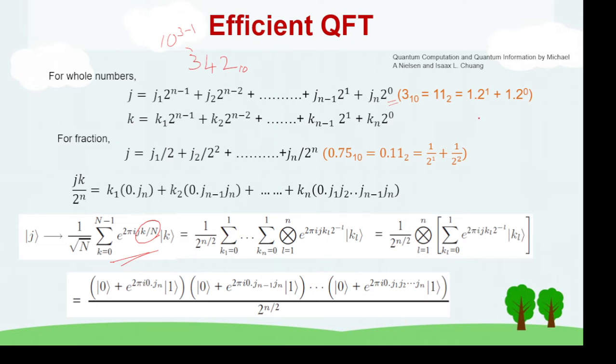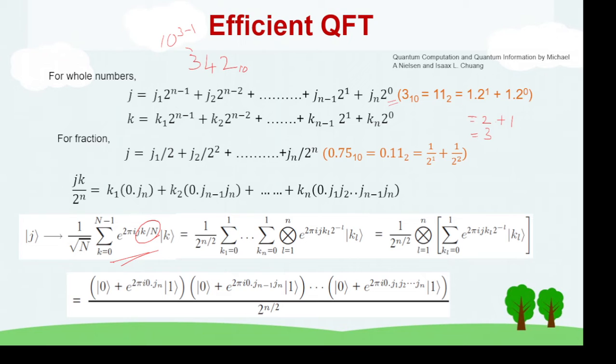So this is 2, and this is 1. This is the most significant bit multiplied by 2 to the power of 2 minus 1, and we get 3. So this expression is okay.